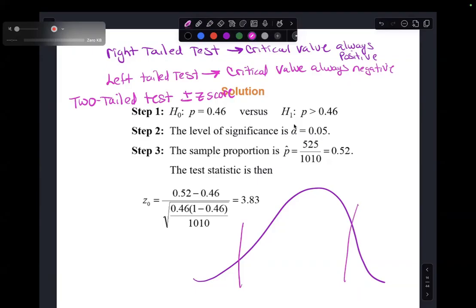The important thing here is to remember if it's a two-tailed test, 7.5% is here, 7.5% is there. So I need to use inverse norm with 0.075. You have to cut that in half. If it's a two-tailed test, cut your alpha in half before you put it in your inverse norm. And then you're going to use both the positive and the negative.